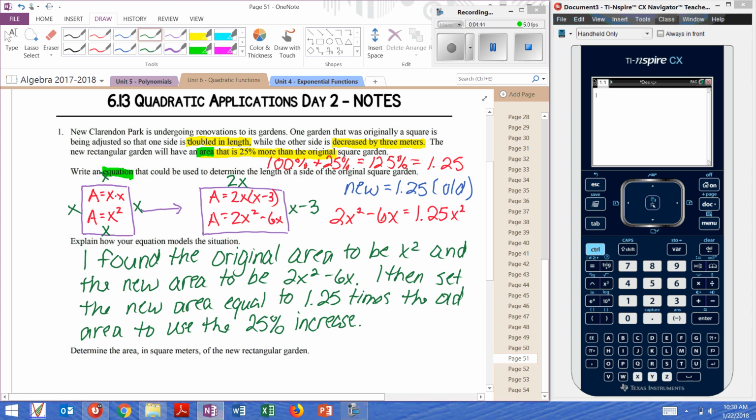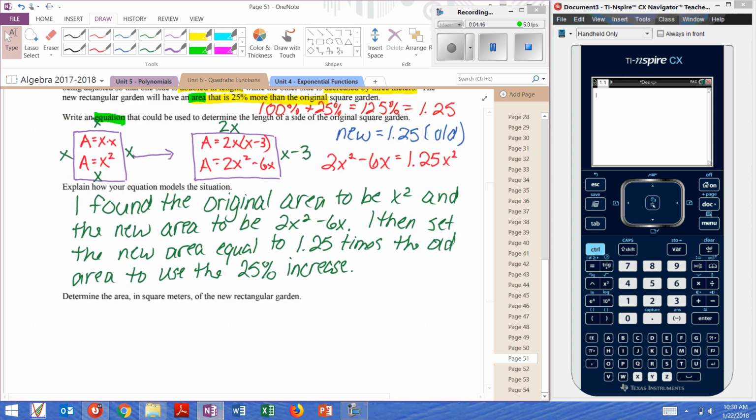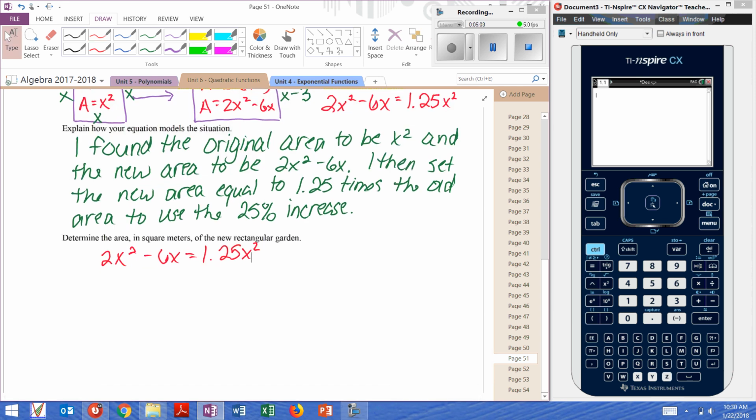Okay, so now let's keep on going with this question. Okay, so what do we have here? We have to solve this. So 2x squared minus 6x is equal to 1.25x squared. Okay, set it equal to 0. We got a quadratic going on. How do we know this?